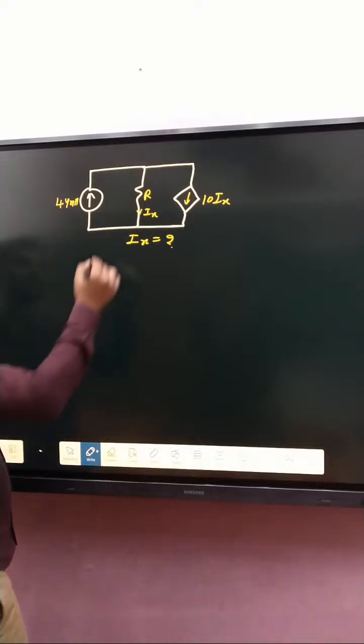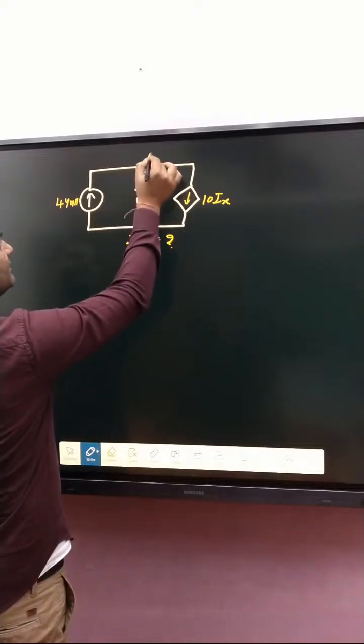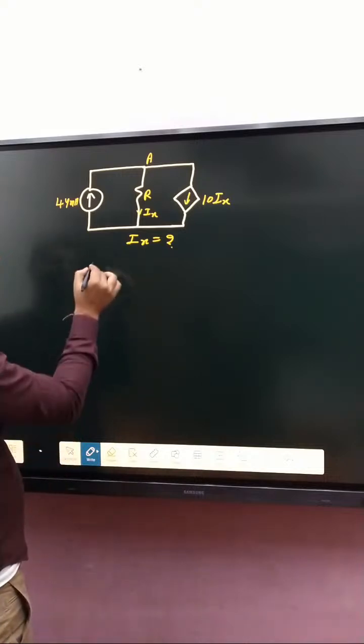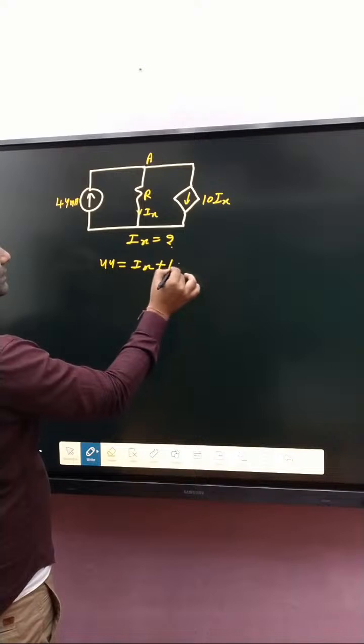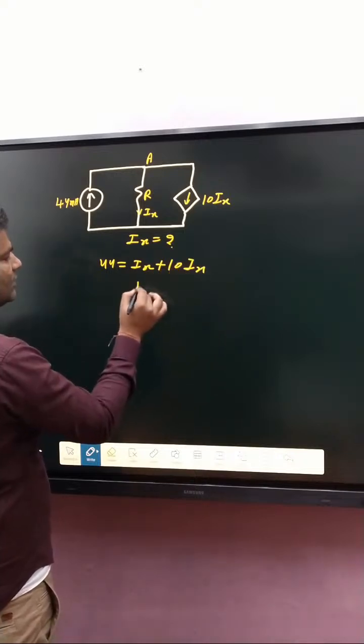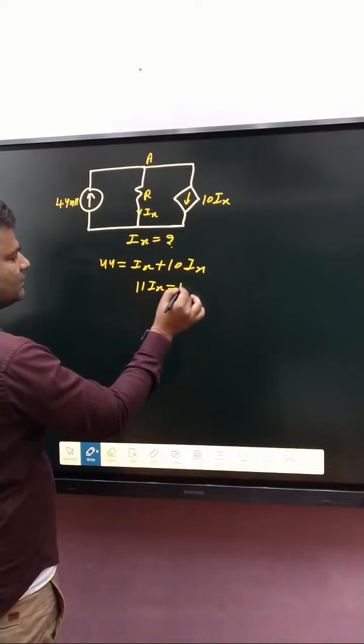Now, if you see this one, at that point the incoming current is 44 milliampere, and the outgoing current is Ix plus 10 Ix. Then what about the final Ix?